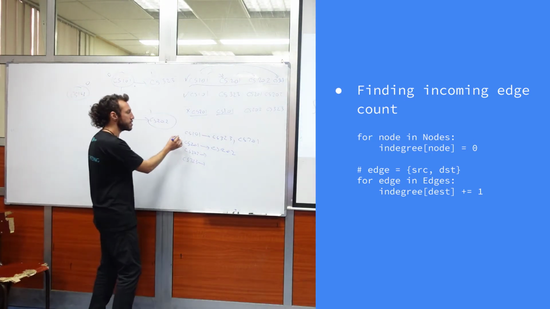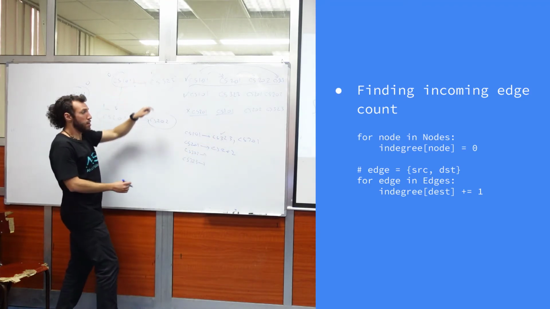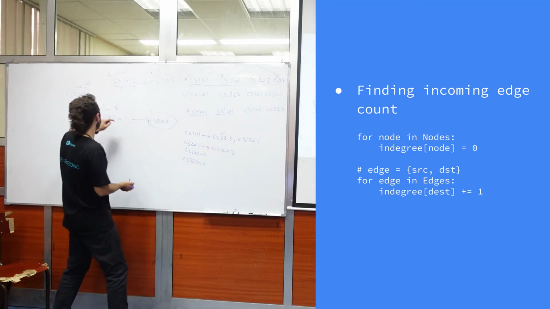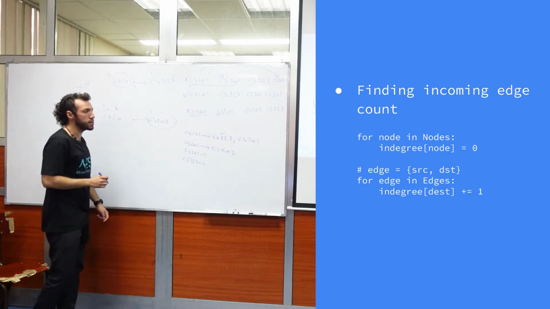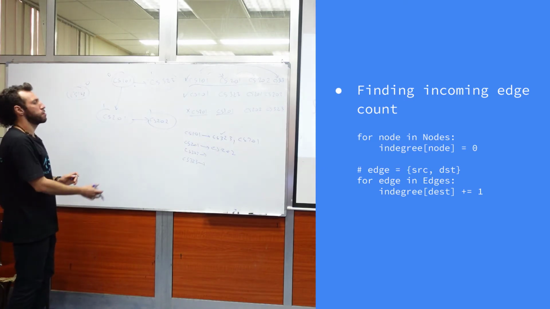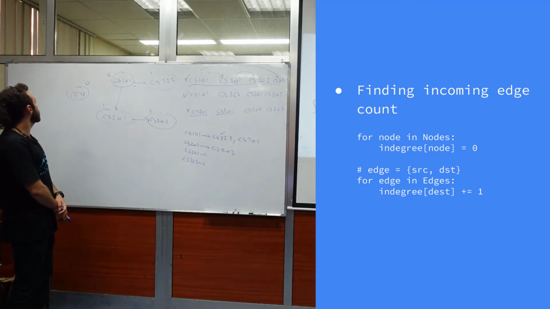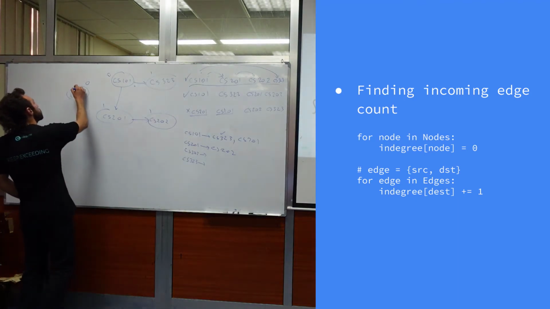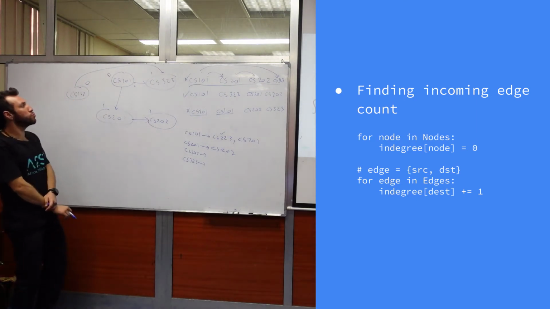And when we are processing over this, since this is the destination, we are going to increase the count here. And then we are going to hit 201, we are going to increase it here. And then we are going to hit 202, we are going to increase it here. So in order to make things more fun, we can say CS143 is also a dependency for CS323.